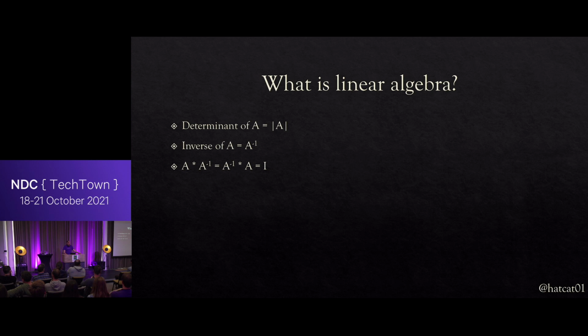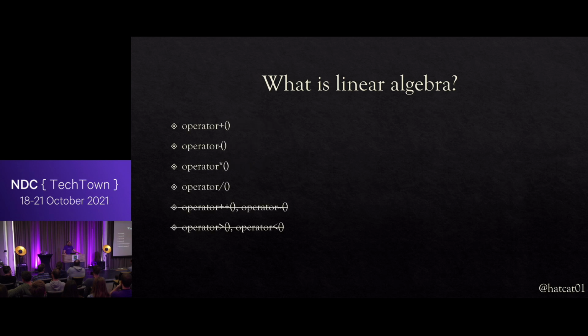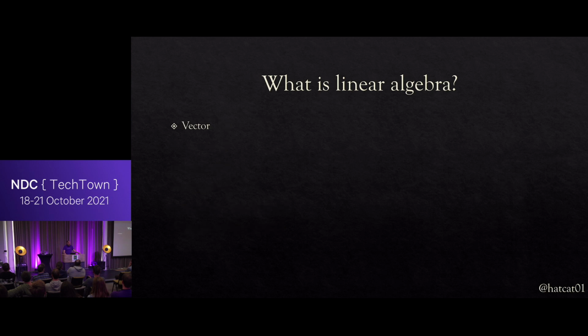A matrix can also have an inverse, and the product of a matrix and its inverse is the identity matrix. So we see that there are some analogues to the built-in types. There are well-defined meanings to the arithmetic operators, although post-increment and ordering don't really have any kind of meaning. One might choose to order by determinant, but that's an unusual activity. I've yet to find a use for that.